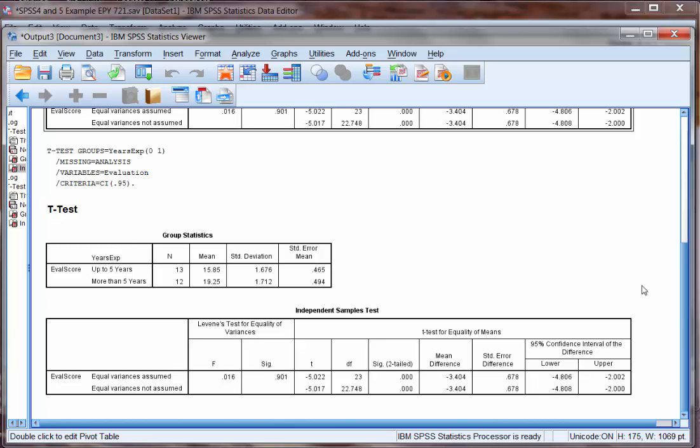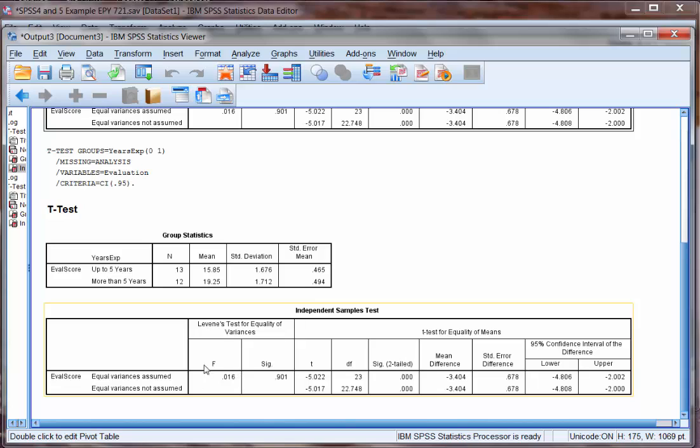SPSS automatically does that for us, and it's called Levene's test for the equality of variance. What you need to do is remember that your null hypothesis for the test of homogeneity of variance is that the variances are the same, and you're looking at how large that ratio is when you divide one variance by the other variance. Levene's test for equality of variance shows us that.